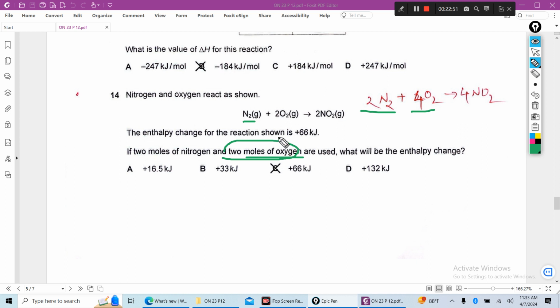So the enthalpy change will be plus 66, because here 2 moles of oxygen react, and the second time also 2 moles of oxygen react. That's why the answer is the same, plus 66 kilojoules.